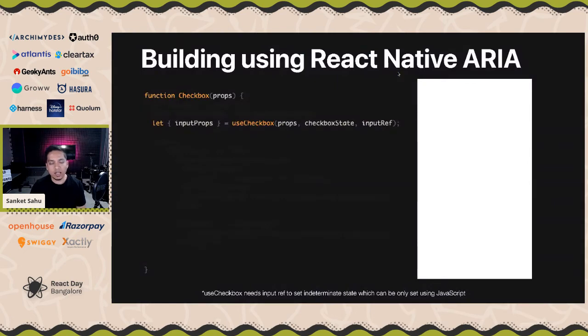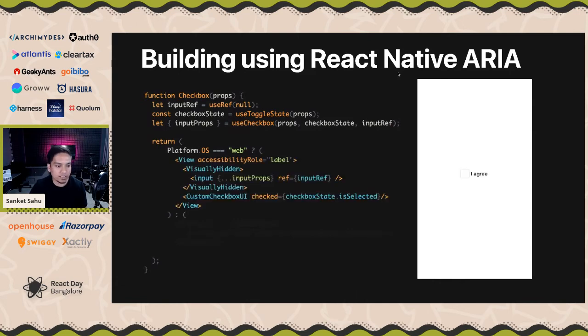So the previous example would change to something like this. So we have use checkbox that is available in React Native ARIA. You get input props, and it also takes input ref because it works on the low level DOM element. And for platform OS web, we are going to pass that and spread it on the input element, and also get the ref back to the input ref. And the same thing is done to the pressable component.